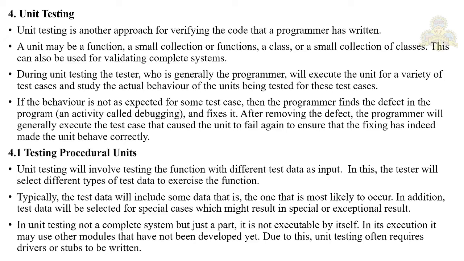In the programming processes we discussed earlier, the testing was essentially unit testing. A unit may be a function or a small collection of functions for procedural languages, or a class or a small collection of classes for object oriented languages.